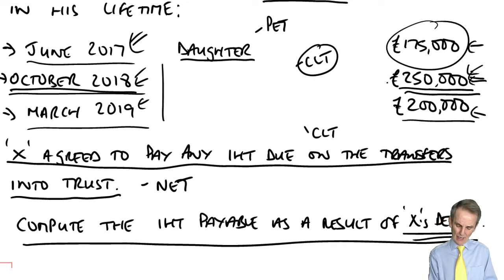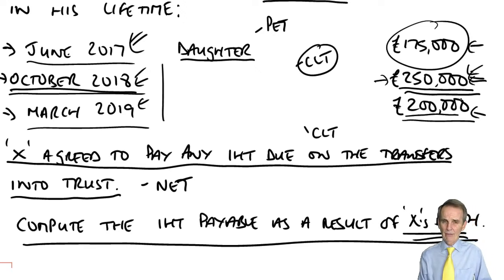So at 325, take away 250, that leaves 75,000 nil rate band available out of the 200. So 75,000, of course, will therefore be at nil rate, and the remainder of it will be taxed at the rate that is relevant. You're going to do that computation in a moment, and that's exactly what I'd like you to compute.